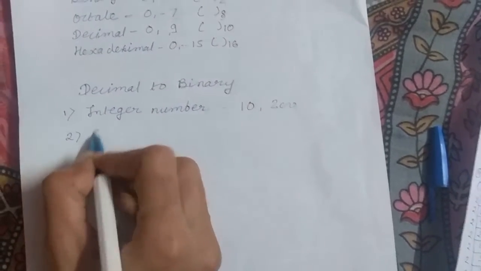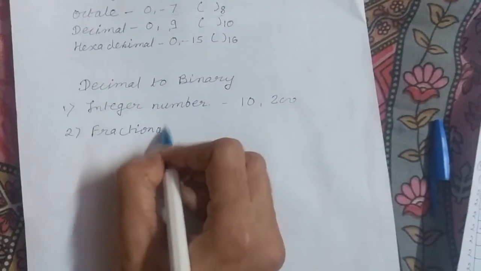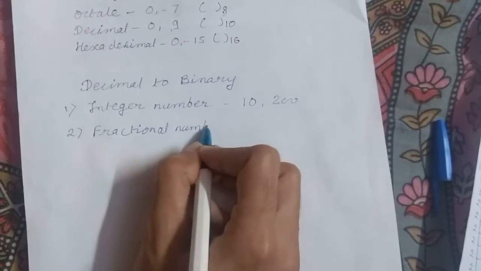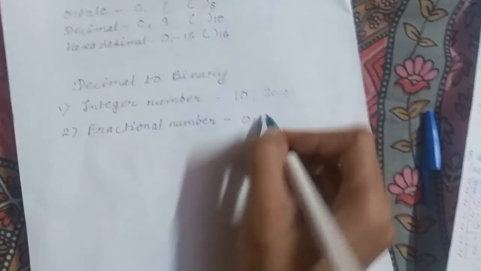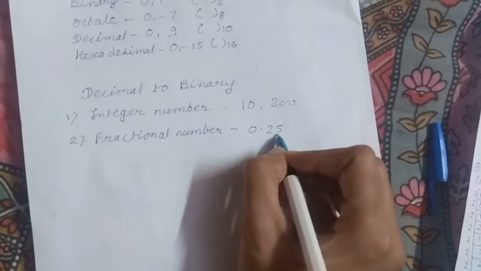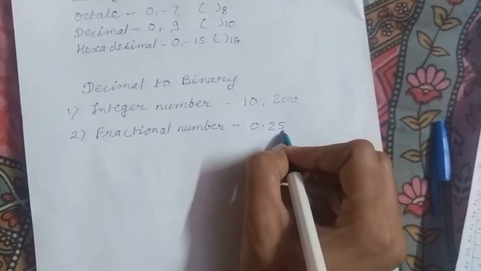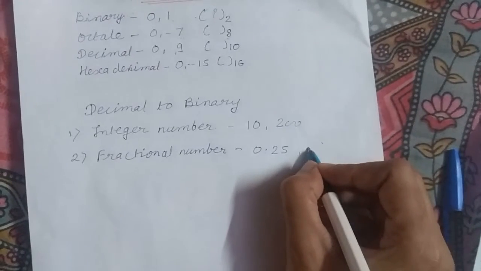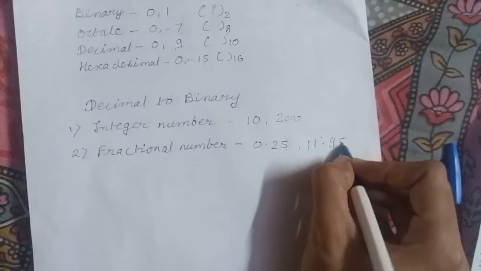Second one is the fractional number. A fractional number means the number coming after the decimal point. Suppose it is 0.25, then this 0.25 is a fractional number because it comes after the decimal point. Suppose it is written as 11.95.